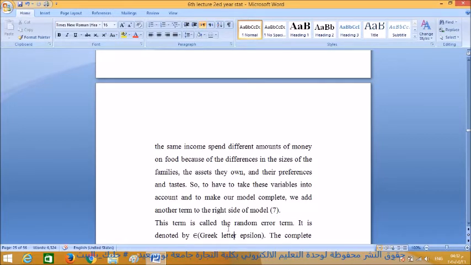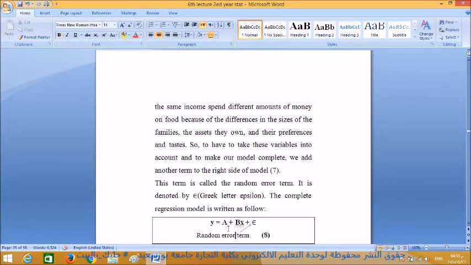Okay, this term is called the random error. So we have to add a term to represent the other variables not taken into consideration in the equation. This term is called the random error term. It's denoted by the Greek letter epsilon.